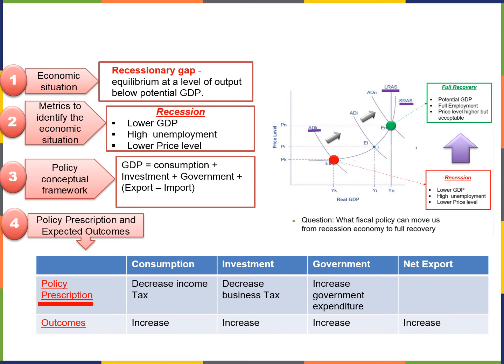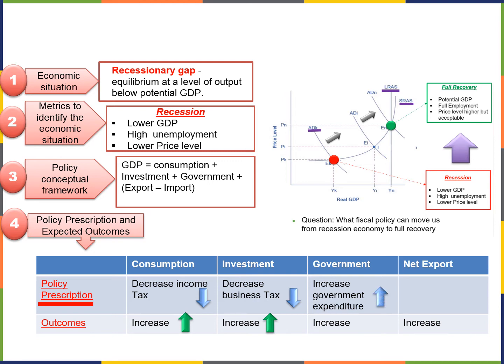In order to accomplish that, the policy here will be to decrease income tax. When you decrease income tax, you have consumers having a little bit of money in their pocket to spend, and therefore consumption will increase. If you decrease business taxes, companies will have a little bit of money in their account to spend in a business. Therefore, it will increase business investment.